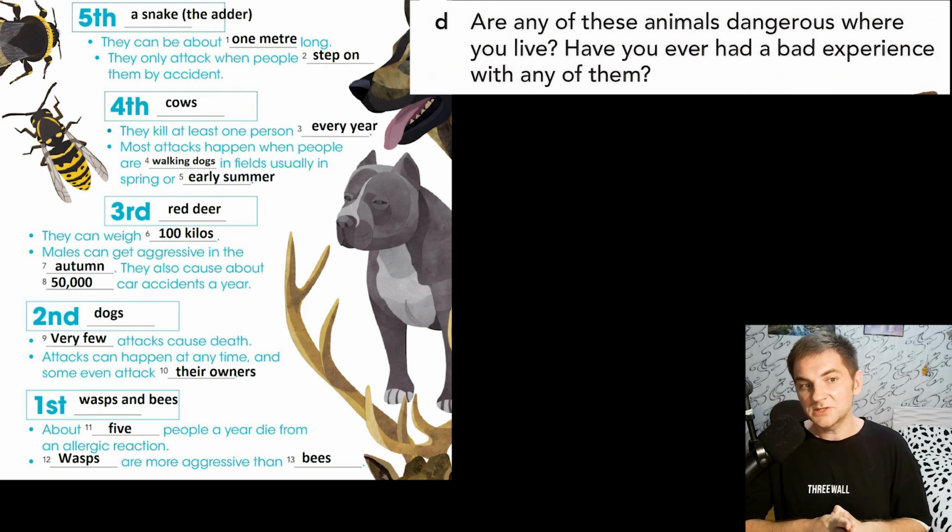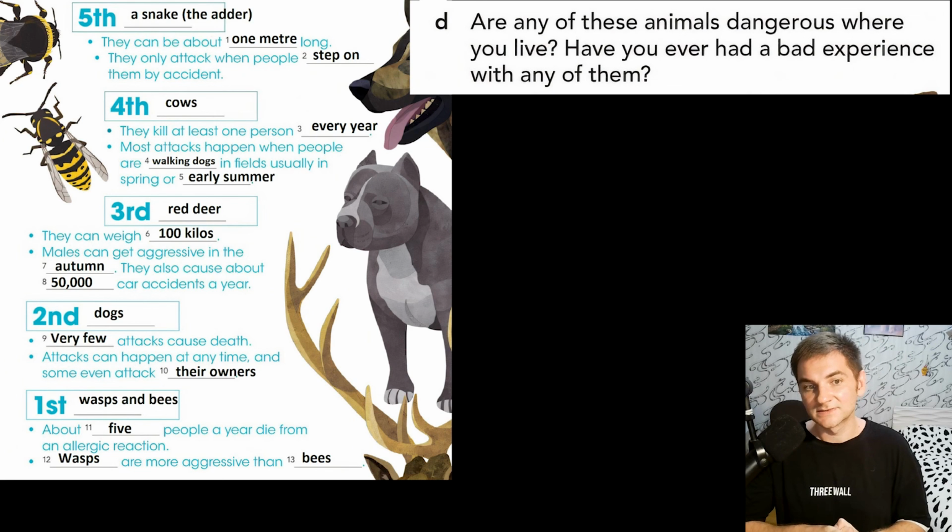Speaking of me, we don't have many dangerous snakes, but I think there are some. Cows? I haven't seen them for a long time. Red deer? Aren't seen anywhere as well. I'm not even sure that there are some in my country. Dogs? Hell yeah, I've mentioned it earlier.